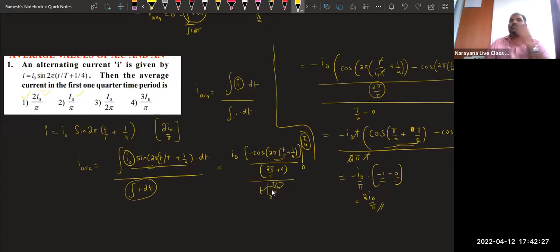Understood? Please don't do this kind of thing. You have to bubble the option with a justification, with scientific justification only you have to do. Clear?